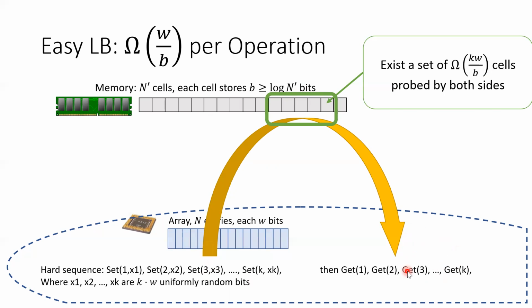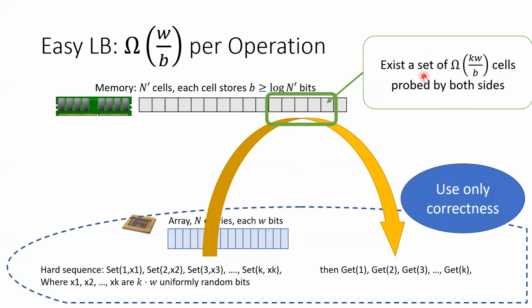This is just a slightly stronger statement compared to my previous intuition, but the point is this set is shared by the two sides. And this is a key property that will be used next. So until now, we have only used the correctness of the data structure problem.